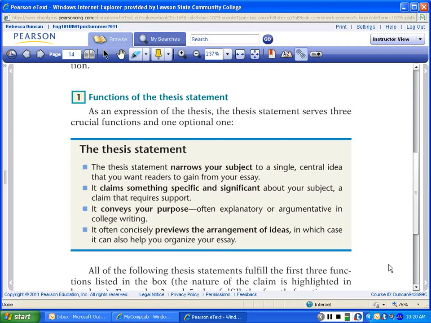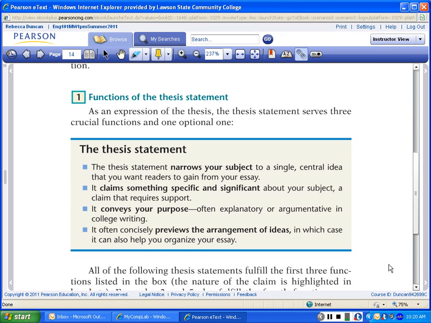Also, that translates into your job. Your boss does not want to be mystified by what you are writing to them. If you're writing a report, the person reading the report needs the report to be clear. So our goal is going to be functional clarity. In this type of paper, it starts with a very clear thesis statement.